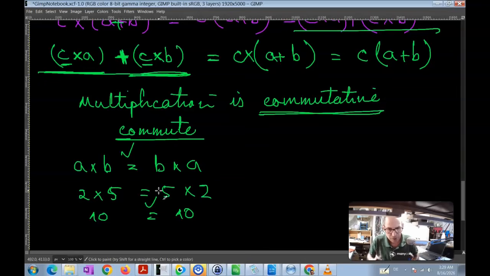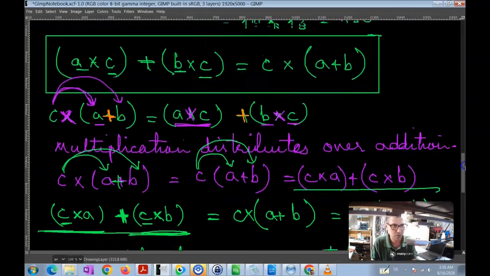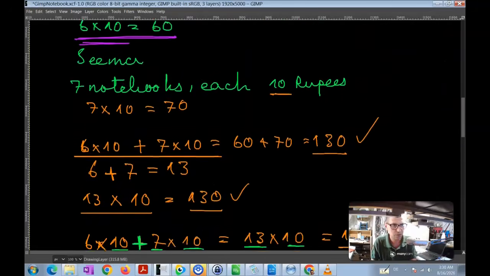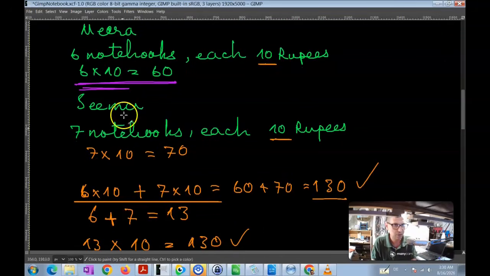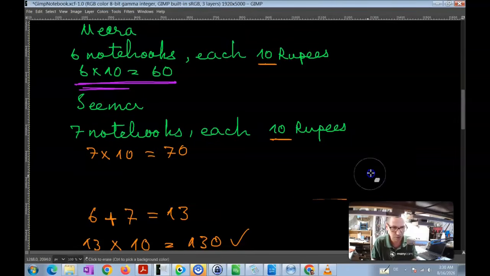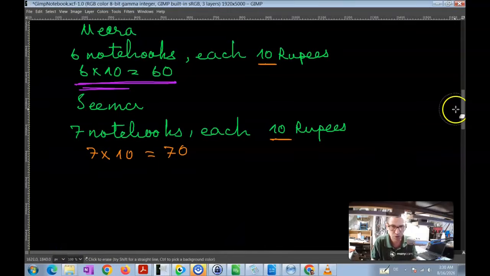Now let's go back to the same situation that we had over here, that Mira and Seema bought these notebooks. We can still talk a little bit about the situation.